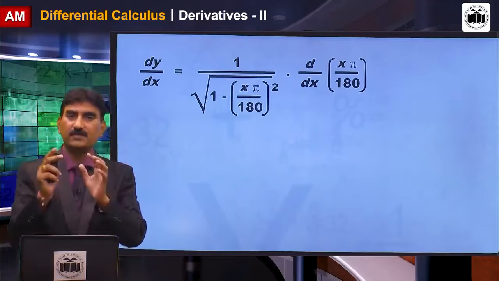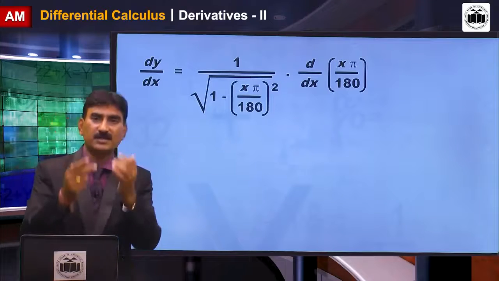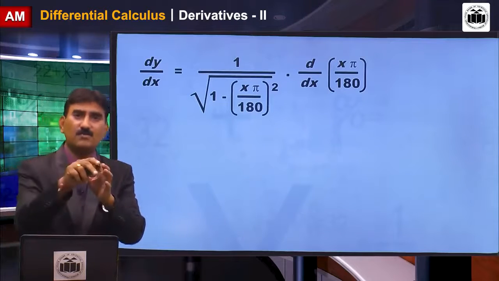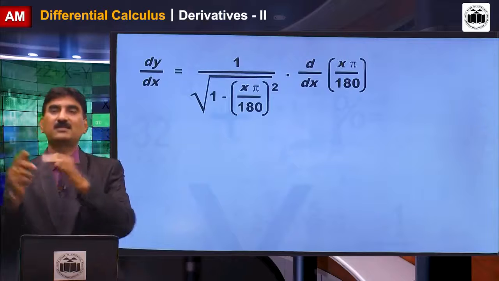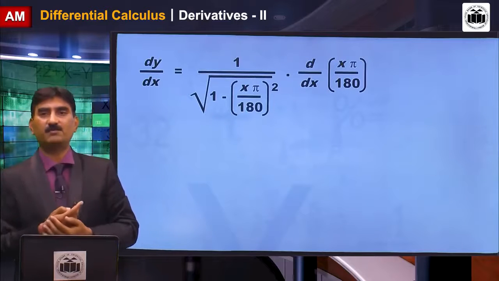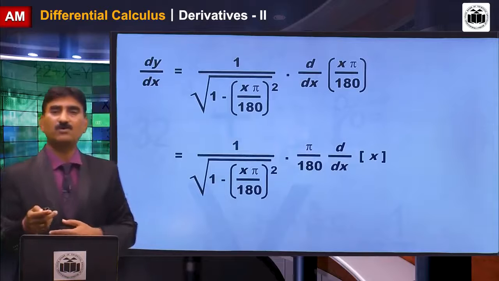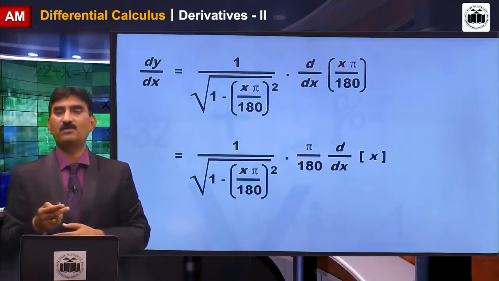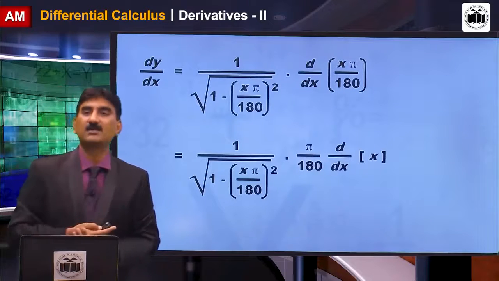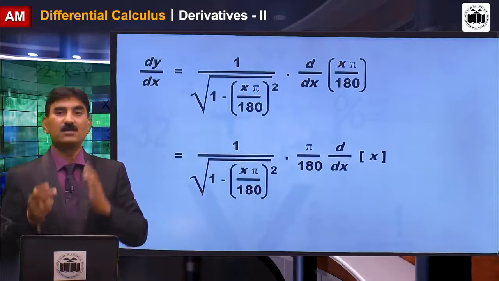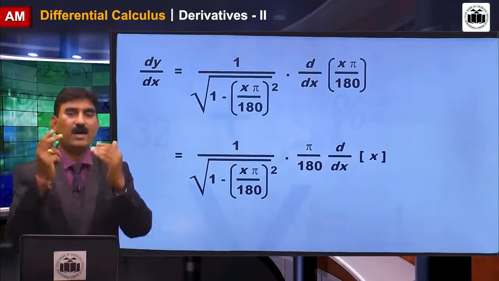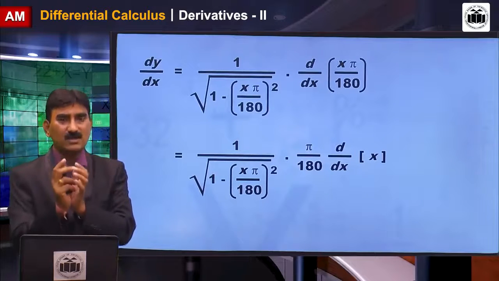So the rule is the same, but instead of x you write down x pi upon 180 and it is a composite function. That's why we take again a derivative of x pi upon 180. So finally 1 upon root of 1 minus x pi upon 180 whole square into again derivative of x pi upon 180. So students, remember here pi upon 180 is a constant term.